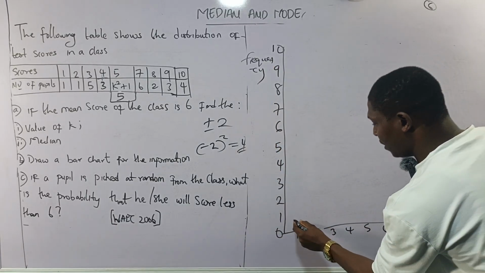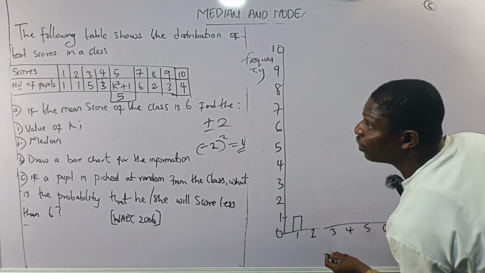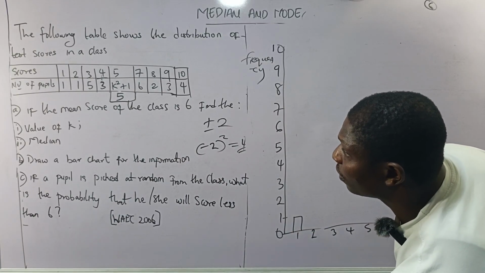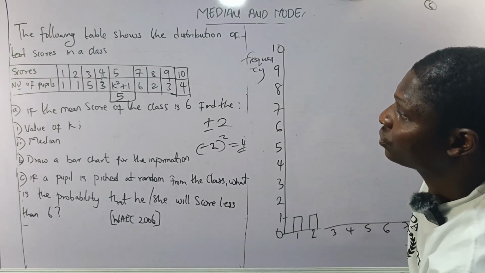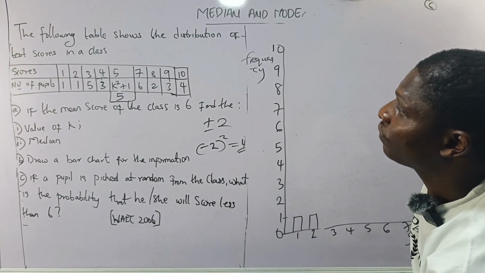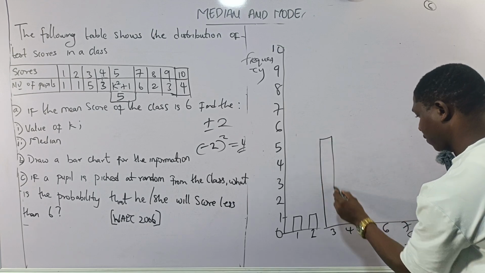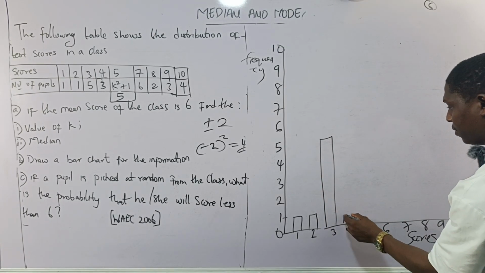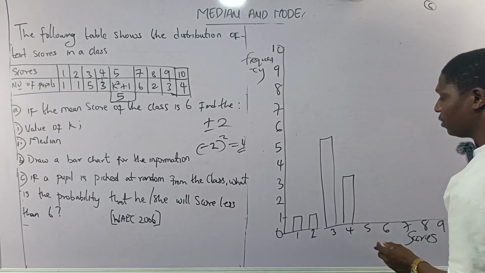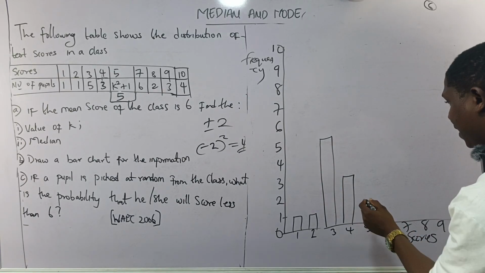For my score 1, my frequency is 1. For my 2, my frequency is also 1. For my 3, I have 5. For my 4, I have 3. For my 5, I have 5.